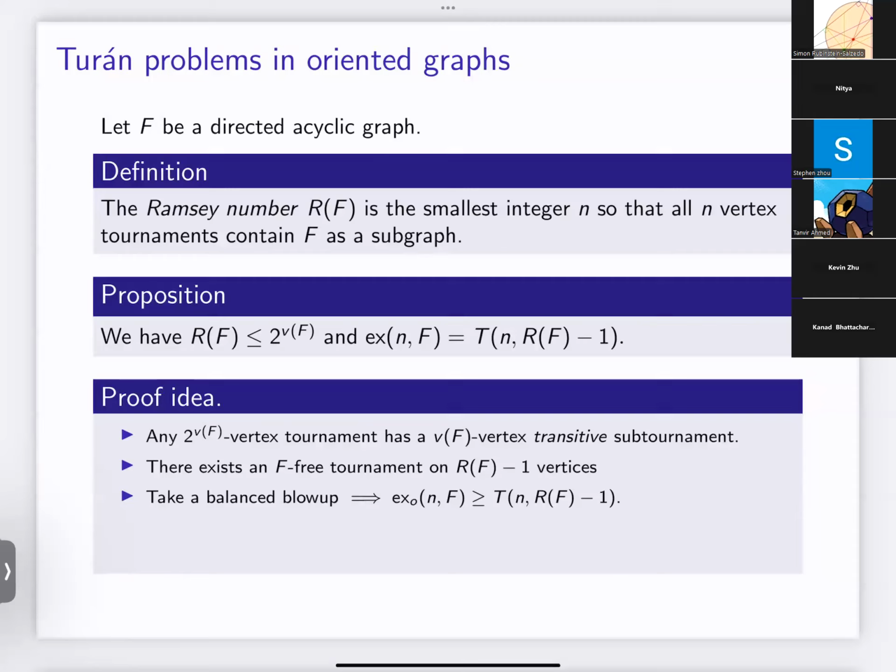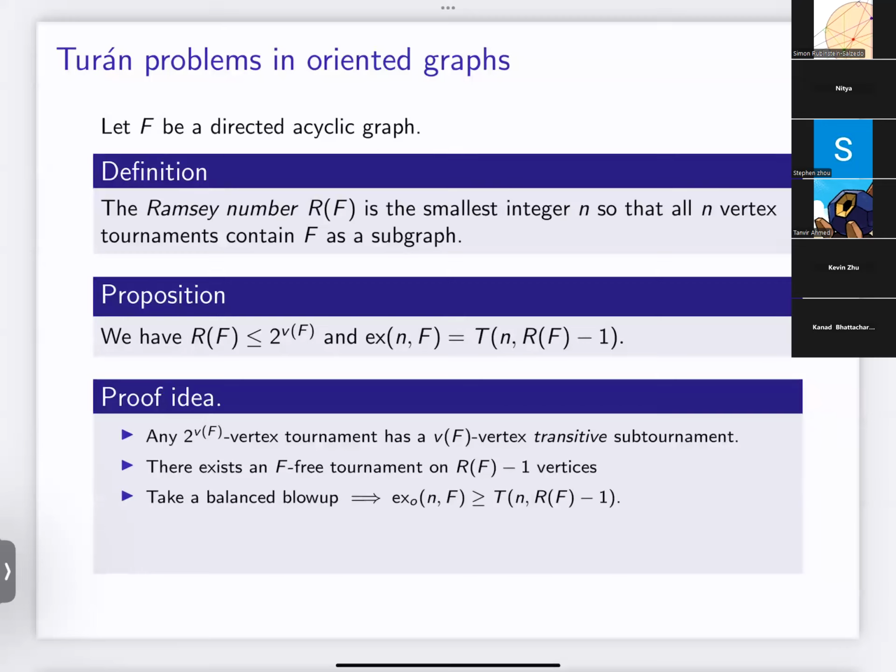And since this is an oriented graph, I have to tell you one more fact: how do I decide which way to point them? For all of the vertices in one group and all of the vertices in another group, I'm going to connect those pairs in the same way, and I'm going to copy the orientation of this F-free tournament on R of F minus 1 vertices. And so this function is just counting how many edges I end up with in this structure. Does that make sense? Yeah.